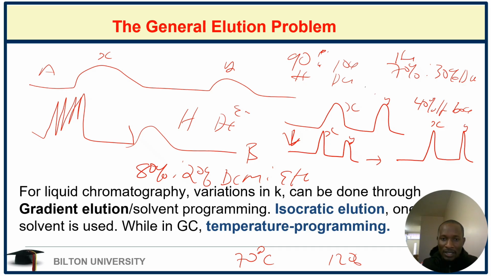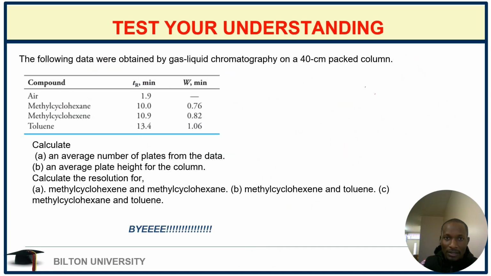You need to use different temperatures until you achieve your goal, which is a proper separation of the peaks or better quality peaks. Yeah, test your understanding. Based on what we did in slide 1, you can try it by applying that in this slide and you can do it.